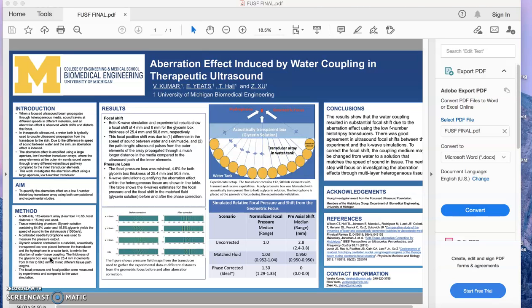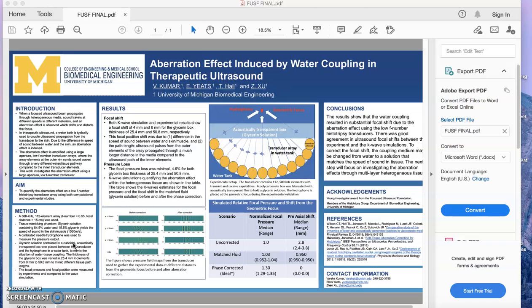skin. The difference between the speed of sound in water and the speed of sound in skin creates this aberration effect. And this is amplified because we use a large aperture, low F number histotripsy transducer array, and the outer elements on the hemispherical array have very different path lengths to the focus than the inner elements.